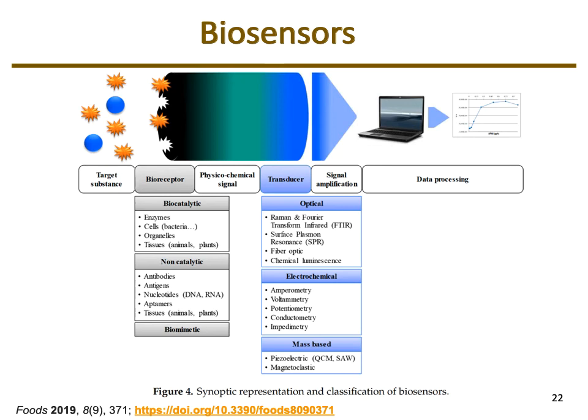It will end up detecting the target. This causes a chemical signal, so then you need a transducer. You need something to read that, aka a machine. And from that reading, you can have signal amplification and then data processing, so you can get how much is there, how much signal you got.